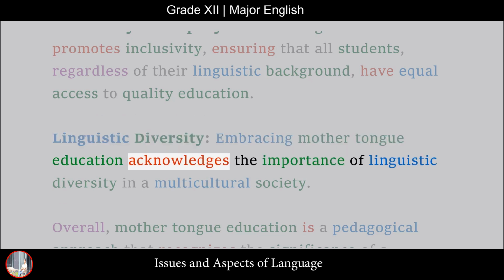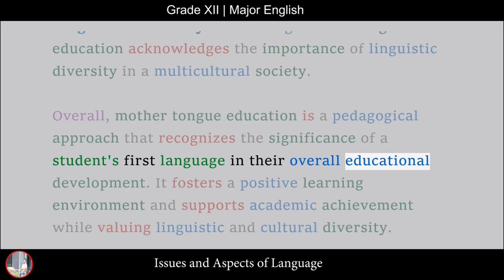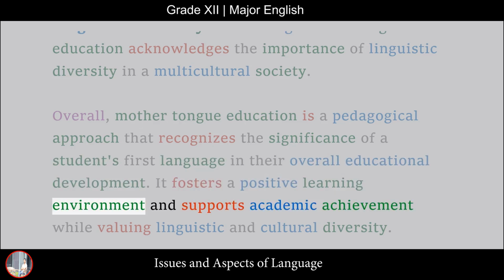Embracing mother tongue education acknowledges the importance of linguistic diversity in a multicultural society. Overall, mother tongue education is a pedagogical approach that recognizes the significance of a student's first language in their overall educational development. It fosters a positive learning environment and supports academic achievement while valuing linguistic and cultural diversity.